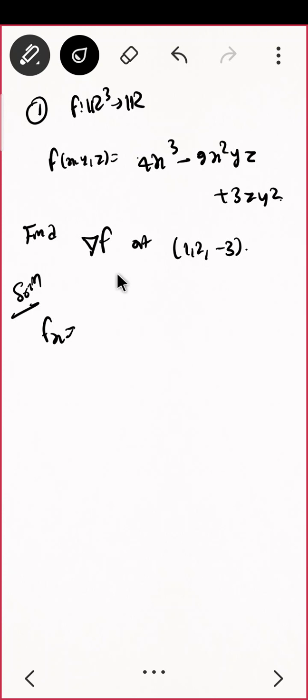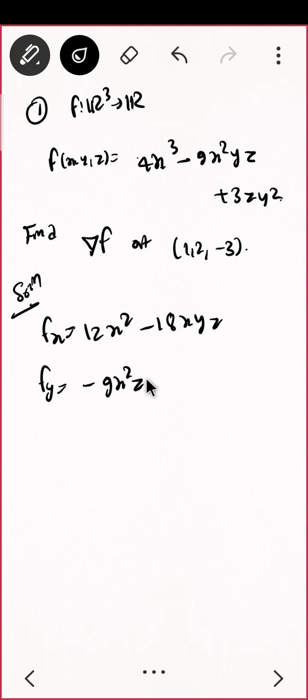So what will come here: 12x square, here minus 18xyz, and here it is 0. What is fy? Fy will be, this is 0, this will be minus 9x square z, and here it will be plus 6zy. Correct? And what about fz? Fz will be, this is gone, this is minus 9x square y and plus 6zy.